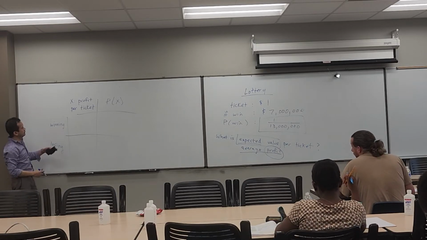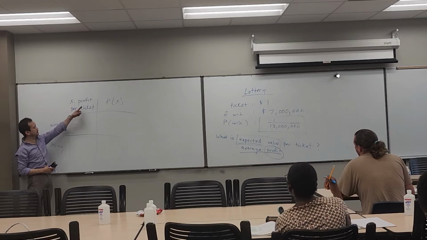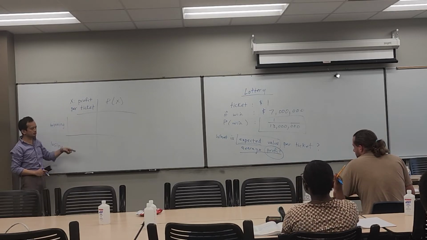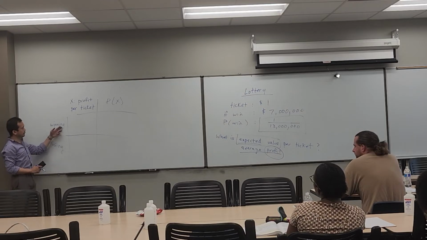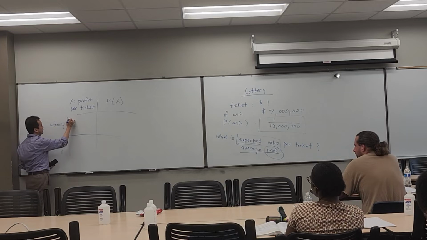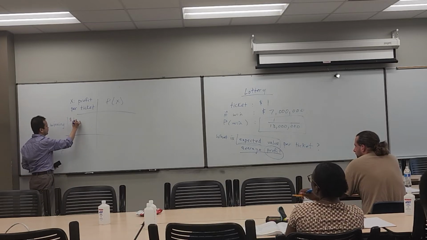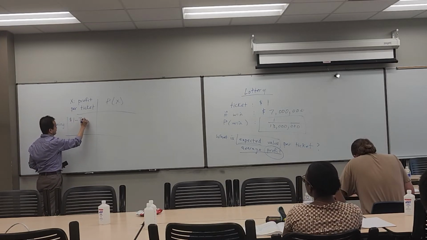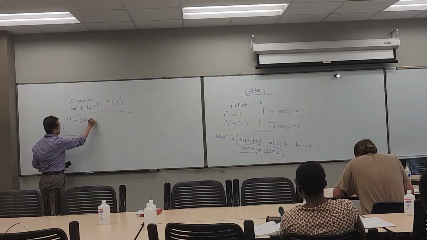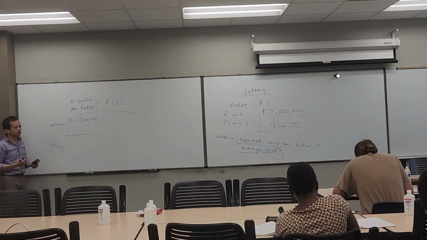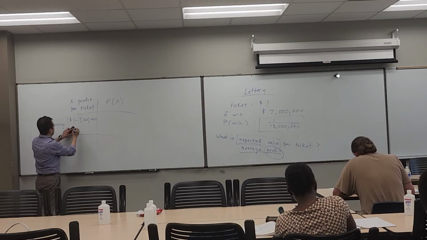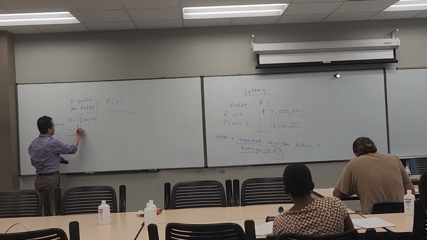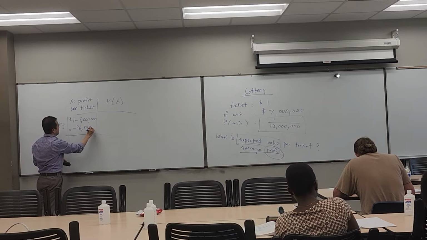If it's a winning ticket, what's the value of this variable that represents the profit the government makes per ticket? 1 minus 7 million. Yeah, if it's a winning ticket, the government made $1 when you bought the ticket, but then it's going to lose 7 million. So it loses a net of negative $6,999,999.